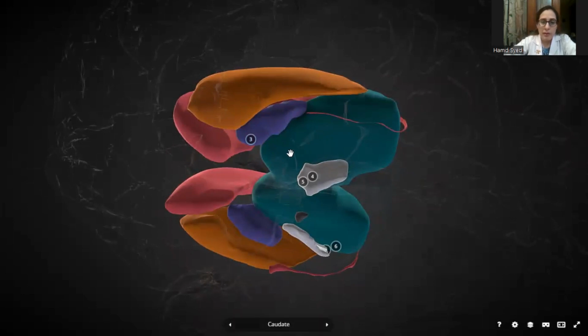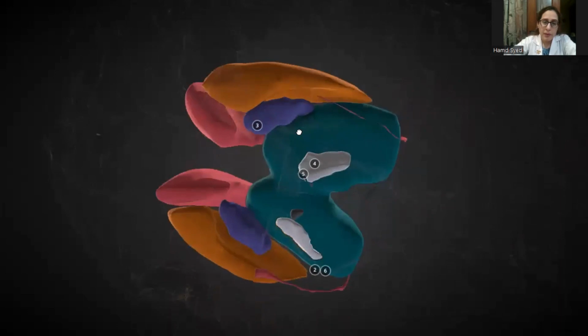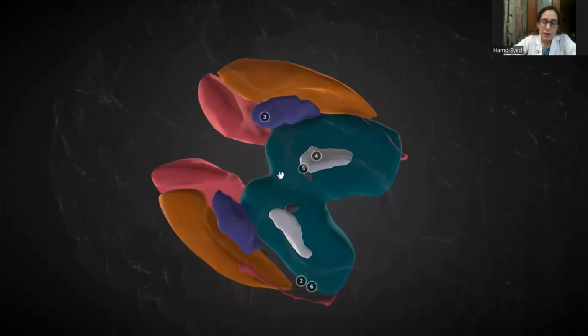Now here is the thalamus. You can see the two thalami over here, the left and the right, and they are connected by this here interthalamic adhesion. Also on the undersurface of the thalamus, we can see number 4 is representing the parts of substantia nigra. Now, substantia nigra is present within the midbrain, and this is considered to be, functionally speaking, a part of the basal nuclei.